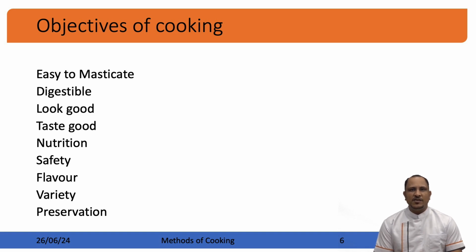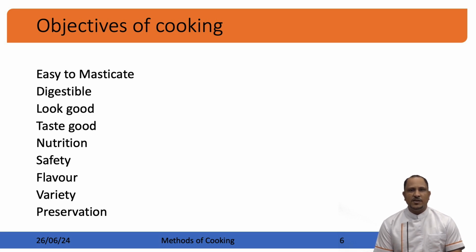Then combine flavors: there are various flavors associated with various ingredients. When we cook we combine different ingredients to attain a combination of flavors in the food. Then variety: when we cook food we get a variety of food. We can cook the same ingredient or same food by various methods to attain variety in our food.